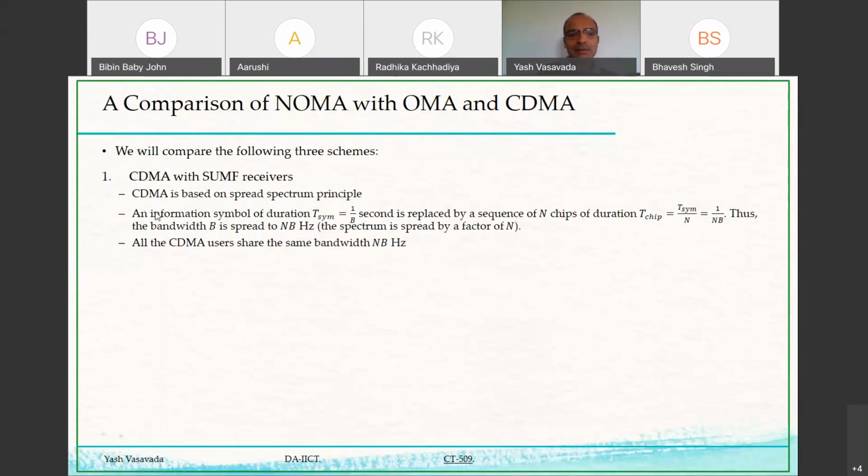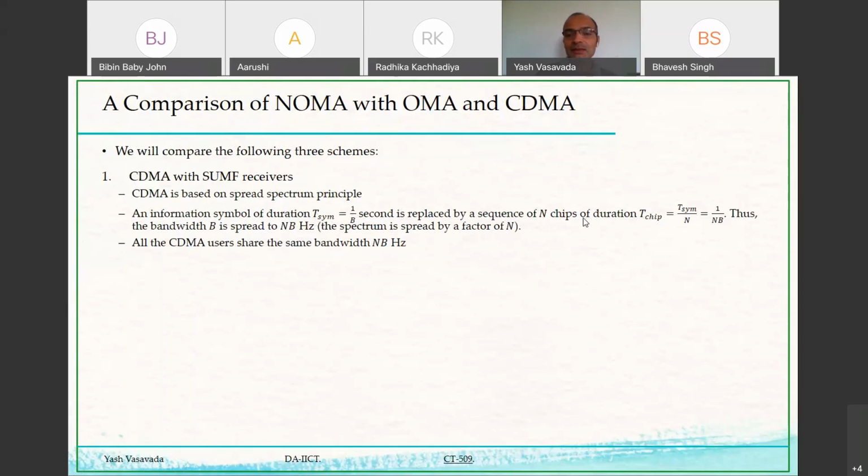Just as a recap, note that CDMA is based on spreading the spectrum. And so if I have an information symbol of some duration T symbol, whose inverse is equal to the bandwidth of a particular user, then as you know, and that is what you are doing in lab number 4, this symbol is replaced by a sequence of capital N chips.